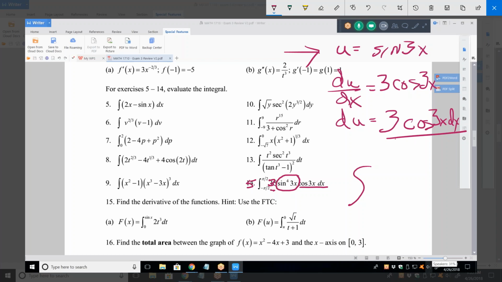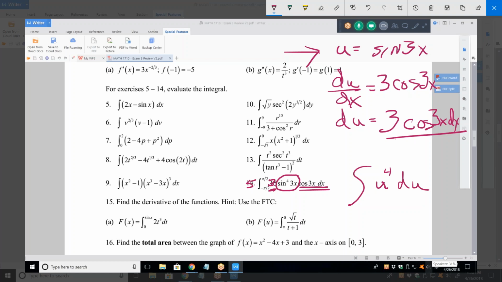So what's sine to the fourth? It's u to the fourth, right? Okay, that's what it is in terms of u. u to the fourth, and then all that other stuff, the 3, that all became du. Notice how we've turned it into an integral in du.